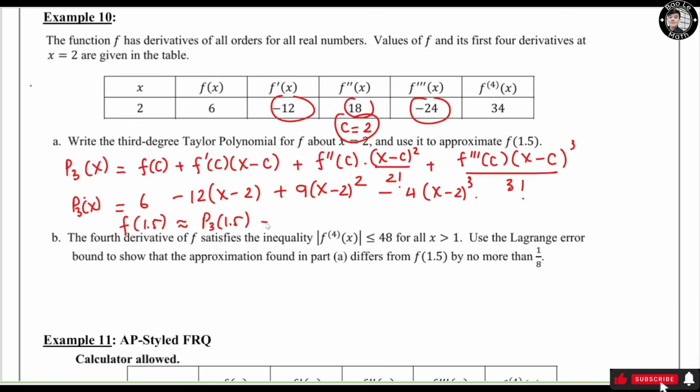So you substitute 1.5 for s over here and pull up the calculator. If you use the calculator, the answer must be around 14.751.